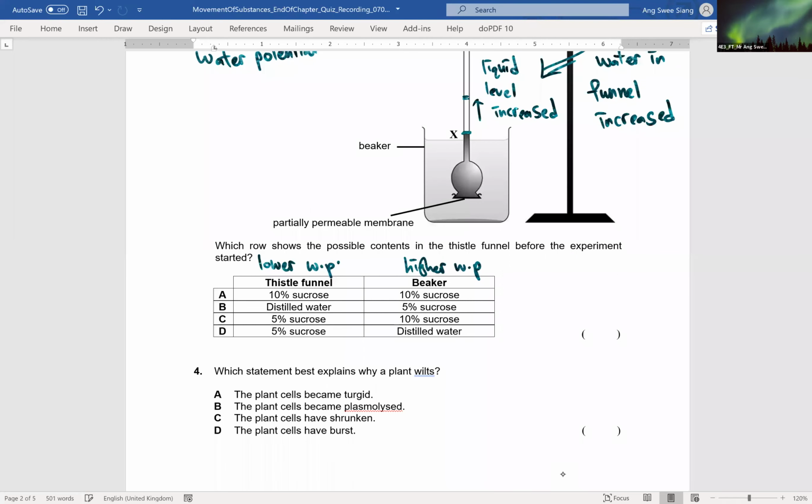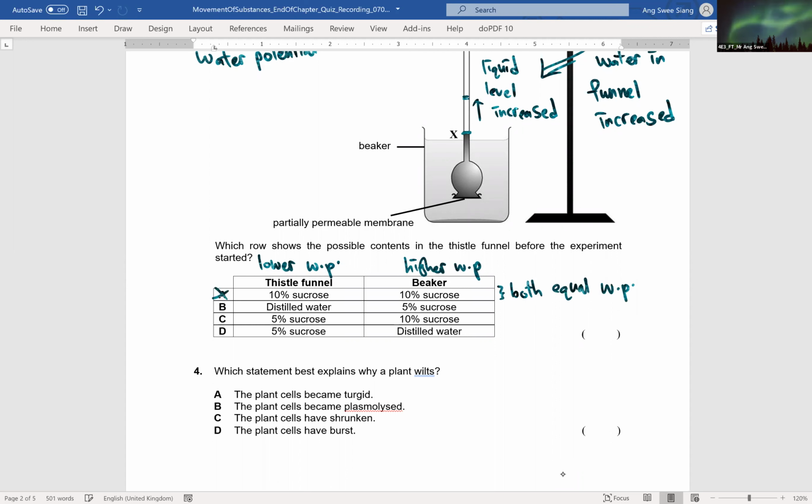If we compare 10% and 10%, both have the same concentration of sucrose, so both equal water potential. So I know A is out of the picture.